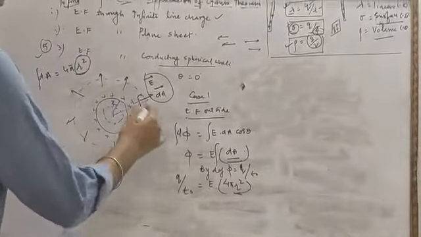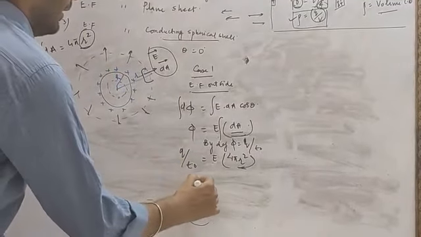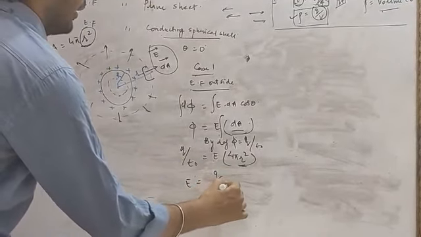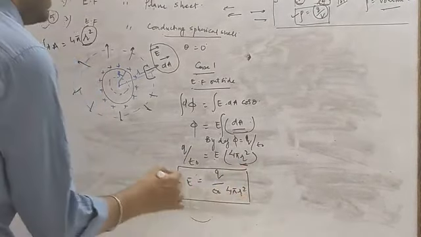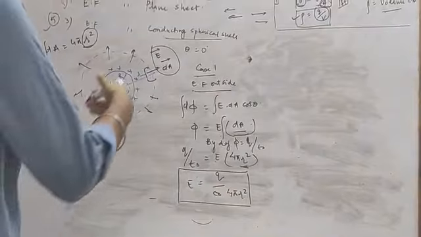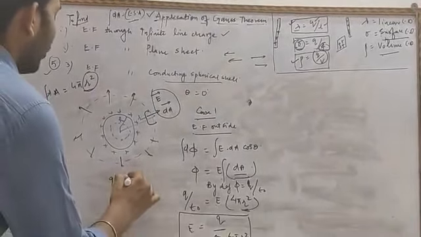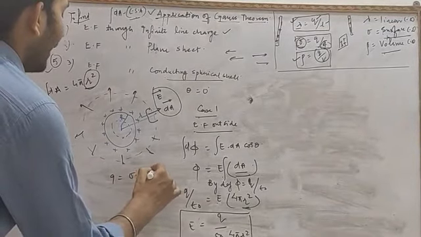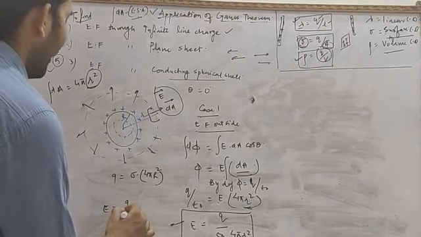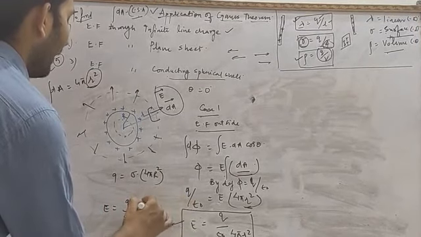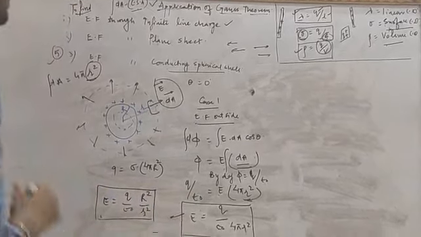Remember, small r square will be taken, not capital R square. So E will be Q upon epsilon naught into 4 pi r square. This is the value of the electric field outside the conducting spherical shell. If we substitute the value of Q equal to sigma into 4 pi R square, then our result will be sigma upon epsilon naught, 4 pi will be cancelled out, R square upon small r square.